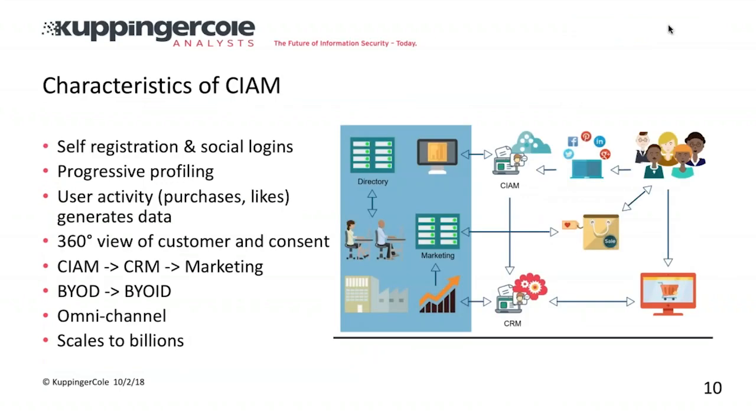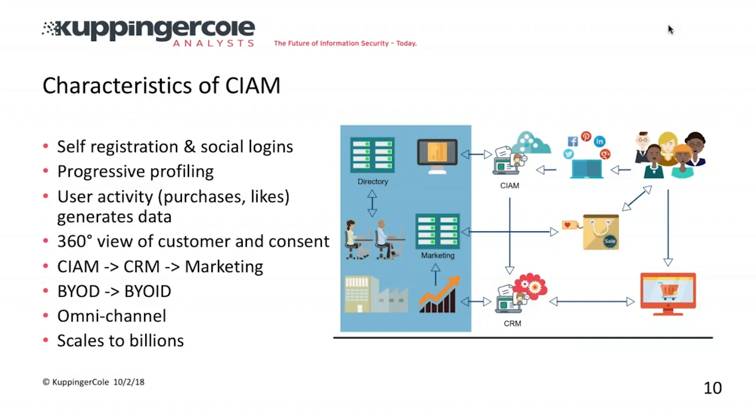If we look at the characteristics in more detail on consumer identity systems, we see that rather than collecting all the information up front like HR does from an employee and then entering that into the database, we have to progressively get more information from consumers. So companies offer self-registration and sometimes the use of social logins, and then collect information over time, like user activities, what have they purchased, what have they liked on social media.